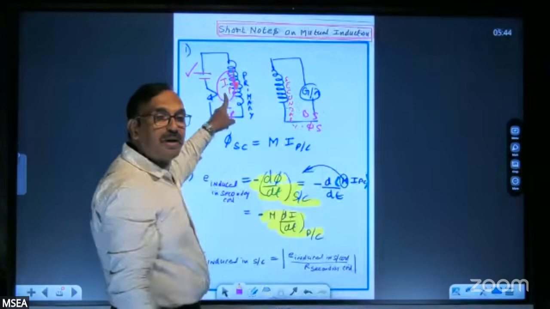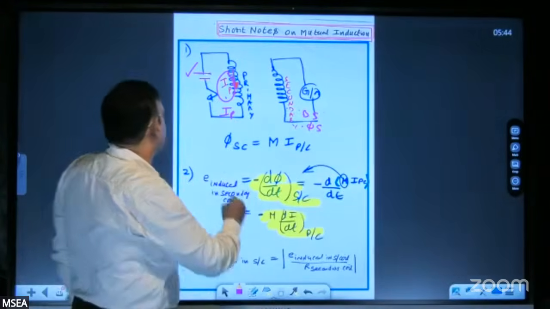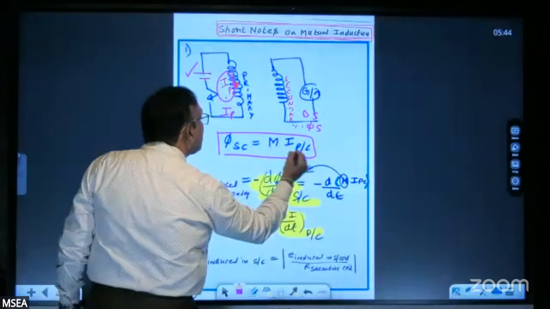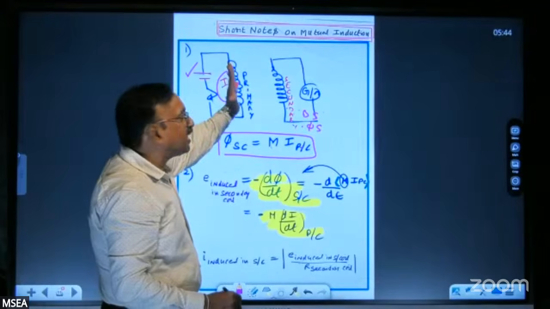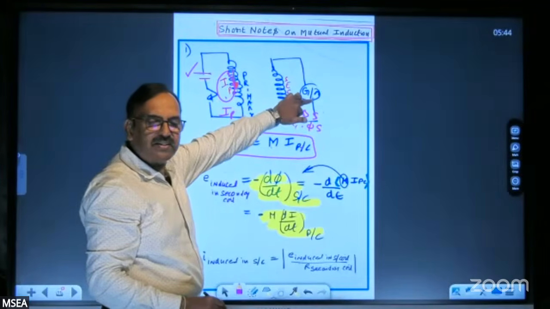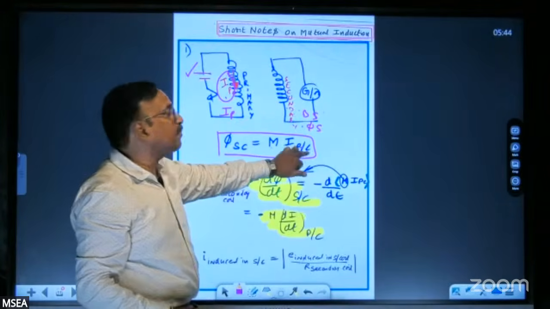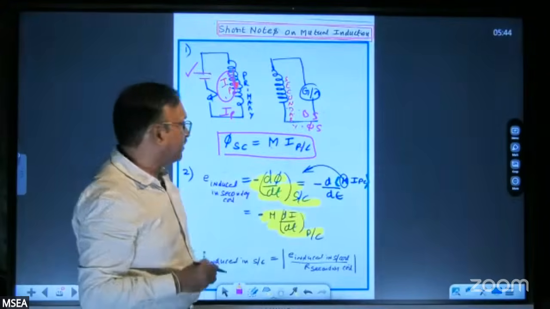The fundamental point to recollect is that the flux linked with the secondary coil is M times the current flowing through the primary coil. Because of the current in the primary, some flux is developed in the secondary. M is known as mutual inductance.